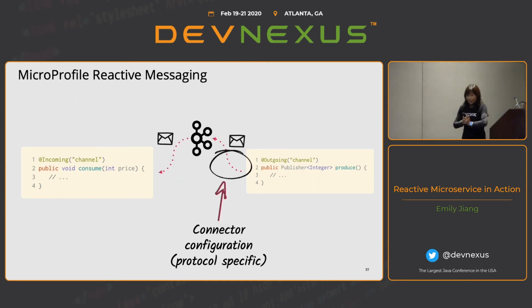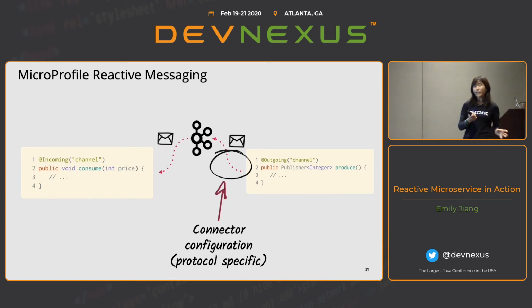The other thing is, when I mention publishing somewhere, where is this somewhere? It could be Kafka, a Kafka stream, MQTT, or MQ. We call this a connector. You can configure it to publish to a Kafka topic or to MQTT.